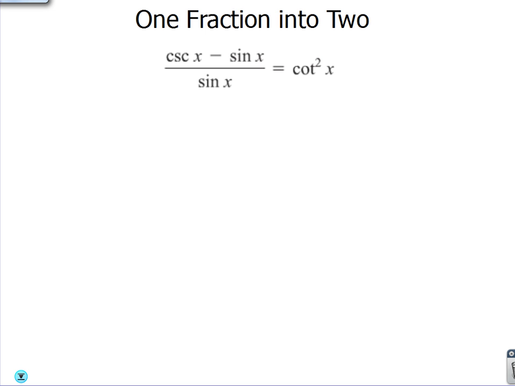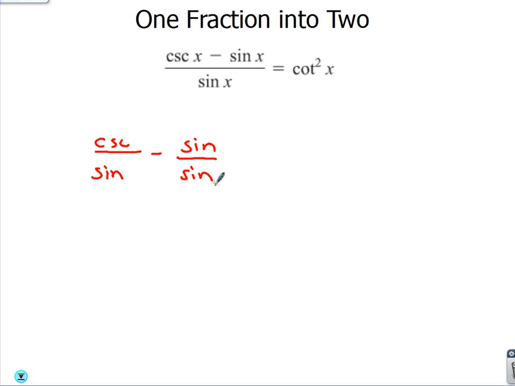We're trying to prove that this identity is true. We're trying to turn this stuff into cotangent squared. Another strategy you can use while solving these: if you've got two terms being divided by a single term, sometimes it's a good idea to split them up and write this as cosecant over sine minus sine over sine.